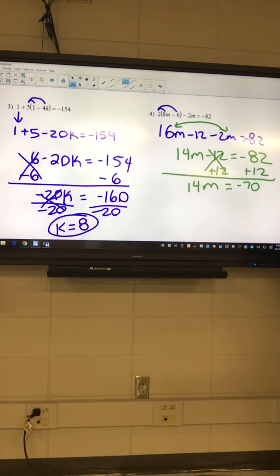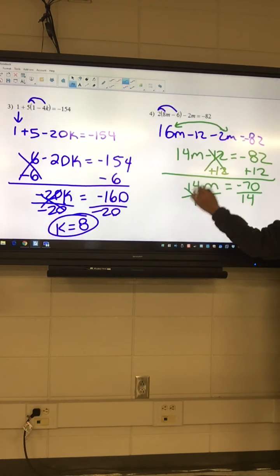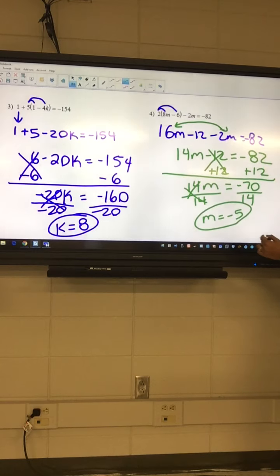Is that right? Yeah. Okay. I don't feel like that's gonna come out right, does it? Yeah, and equals negative 5. Okay. Then you'd divide 14 into it.